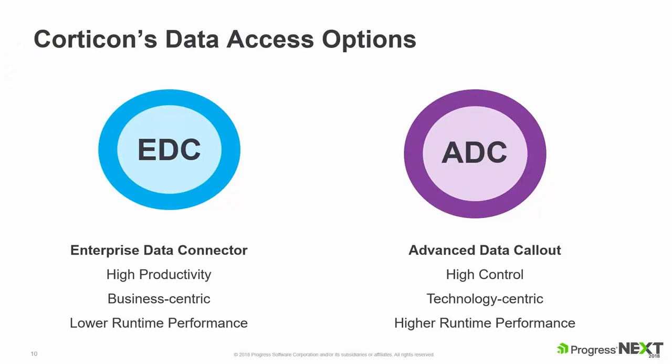So the initial capability that we built into Corticon was EDC, the Enterprise Data Connector. It was actually the subject of my workshop here on Monday with quite a few folks.